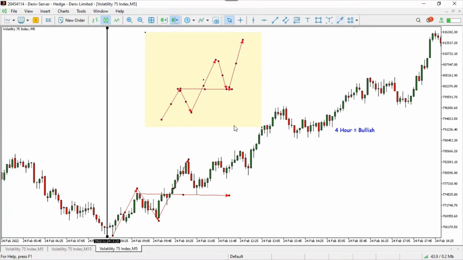Then you'll be waiting for price to return to this area that was broken. Look at it. Price returned to this place, right? And you can see this green candle shows you that this area was rejected by the bulls. Can you see that? Then after this candle has formed, you enter your trade in a bullish trend. You buy, and you continue to ride the trend. Can you see that? So that is how to do it.